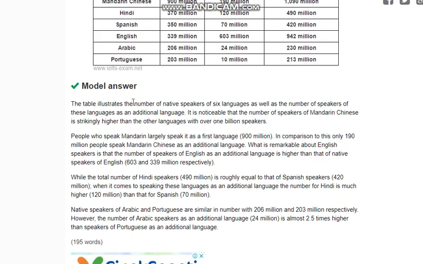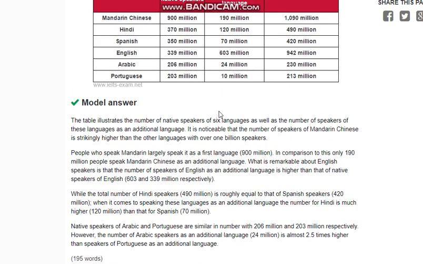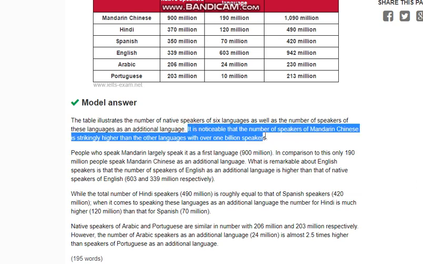The table illustrates the number of native speakers of 6 languages as well as the number of speakers of these languages as an additional language. So it is noticeable that the number of speakers of Mandarin Chinese is strikingly higher than the other languages, with over 1 billion speakers.